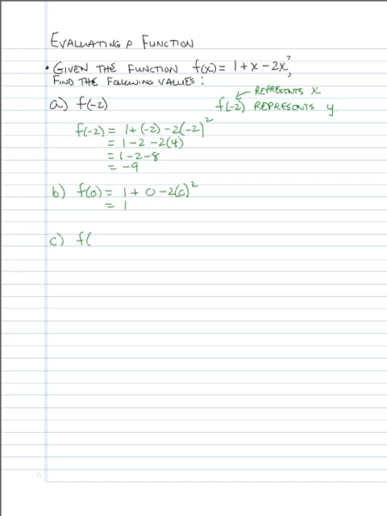For instance, if we want to know what f of a is, that means we replace each x with an a. So f of a would be 1 plus a, minus 2 times a squared.